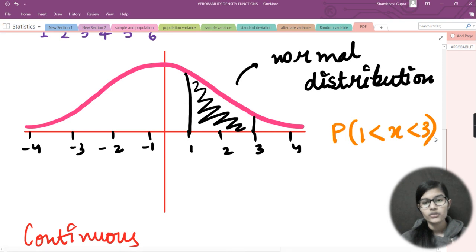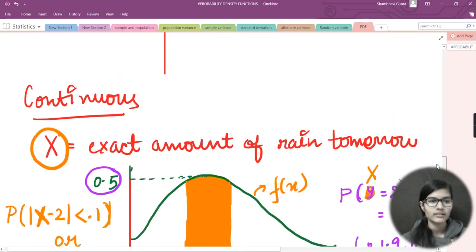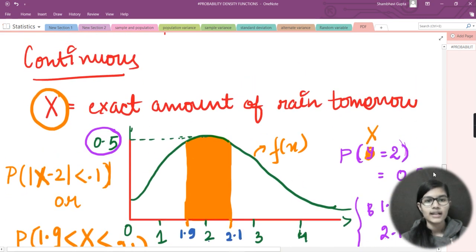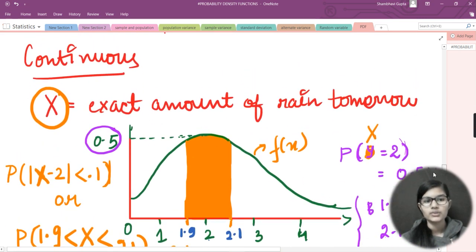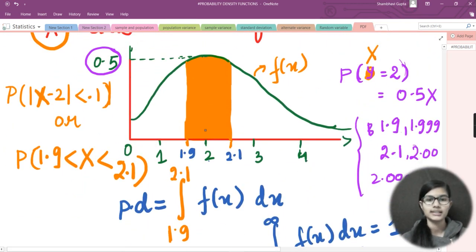After that I used the continuous random variable and introduced an example using the graph. I hope you got these things and are able to differentiate between them.